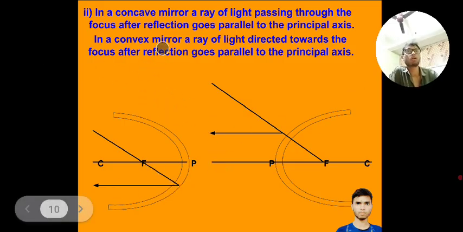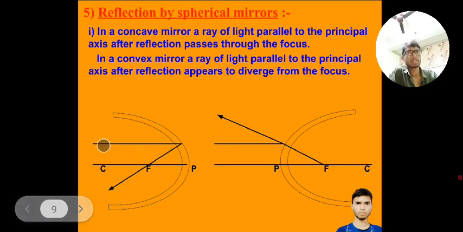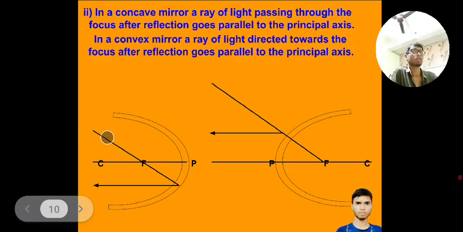So in a concave mirror, a ray of light passing through the focus goes parallel to the principal axis after reflection. This is just the opposite: earlier it came parallel and went through the focus, now it comes not parallel and becomes parallel after hitting the inward surface.